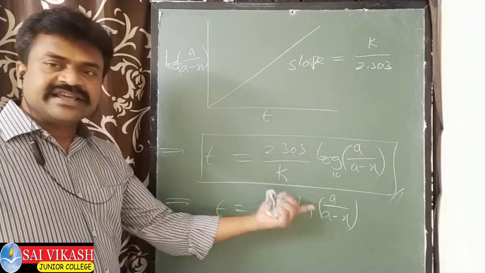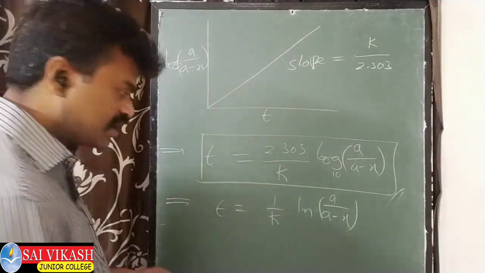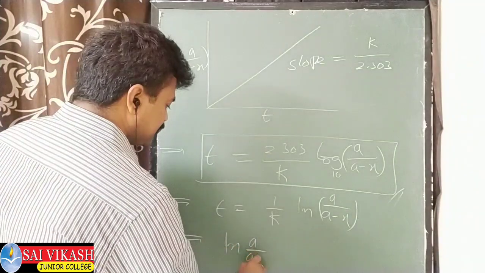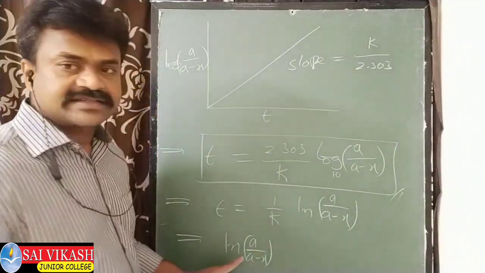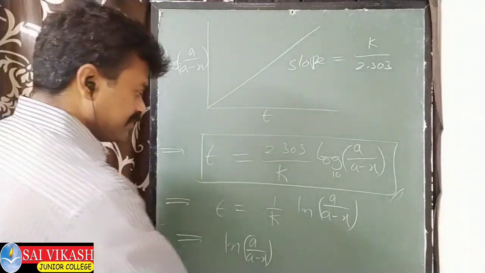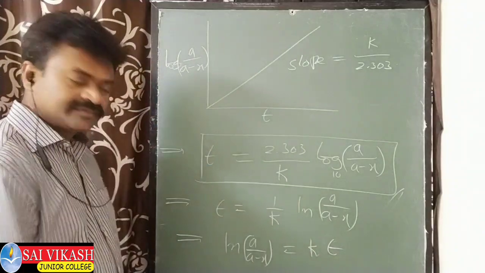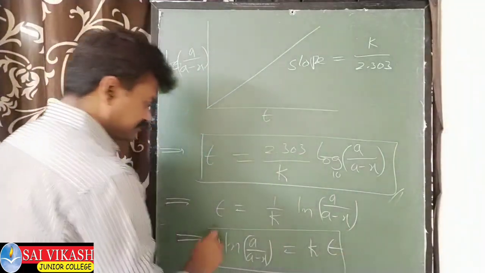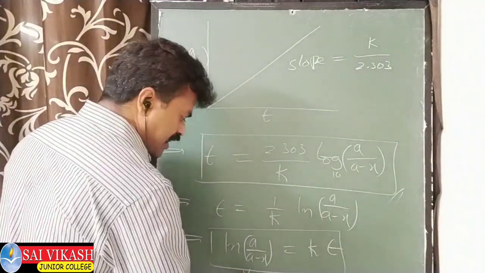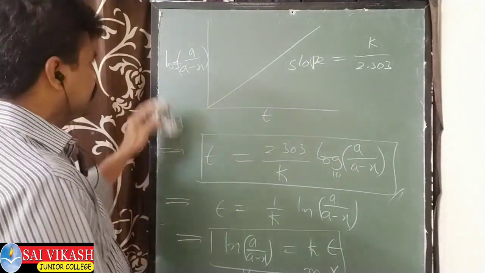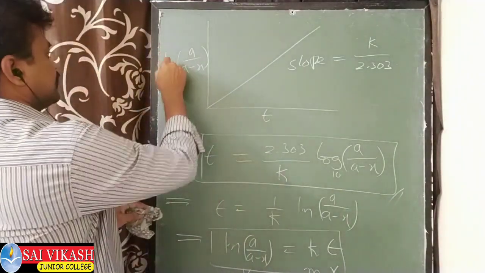Suppose they ask to draw the graph between ln a by a minus x on the y-axis, which is equal to k into t. Now the y-axis is this, m is this, and the x-axis is time.